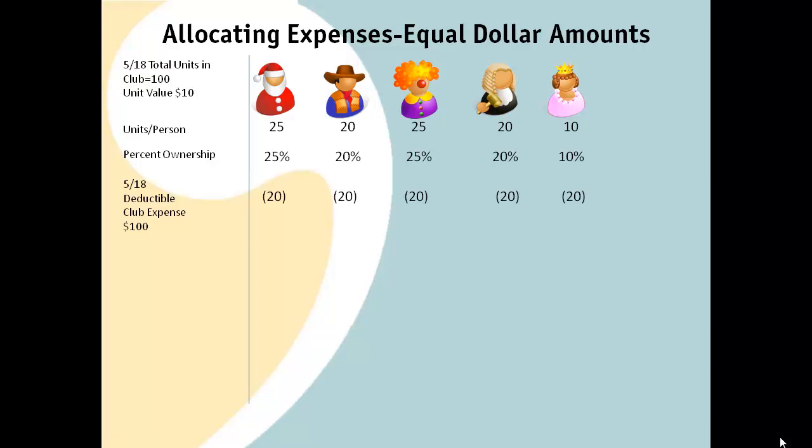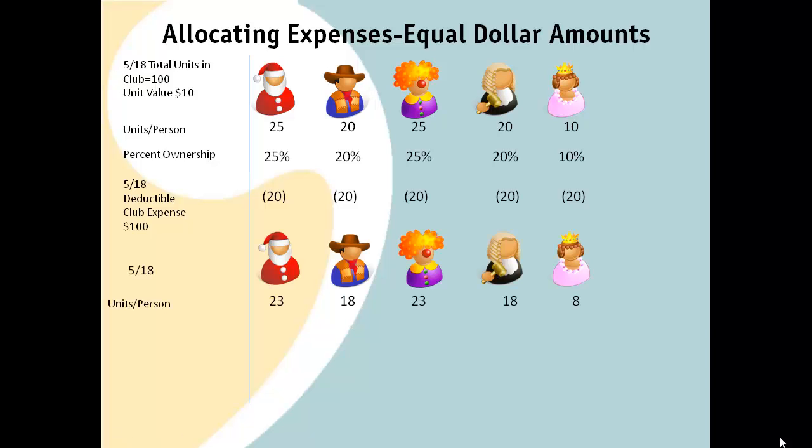You would check Per Partnership Exception on the expense entry form and $20 worth of units, or 2 units at $10 each, would be removed from each person. After the expense was entered, each member would own this many units. As you can see, this would also change their percentage of ownership. While some may consider this method of allocation equal, members with lesser ownership percentages are bearing more of the brunt of the expense.